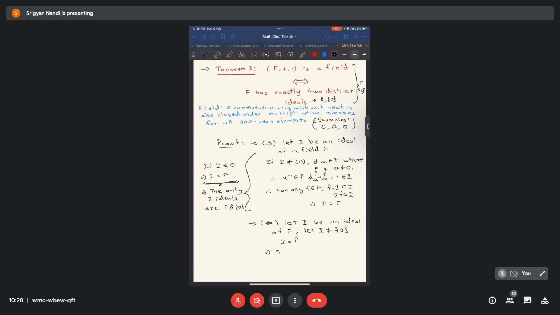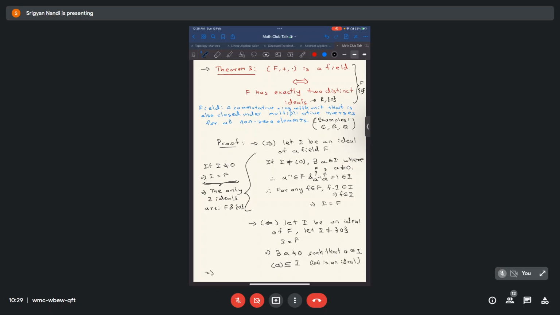So that will imply that there exists a non-zero A such that A belongs to I. And if A belongs to I, then the ideal generated by A will also lie inside I. So the ideal generated by A will be contained inside I, since I is an ideal.